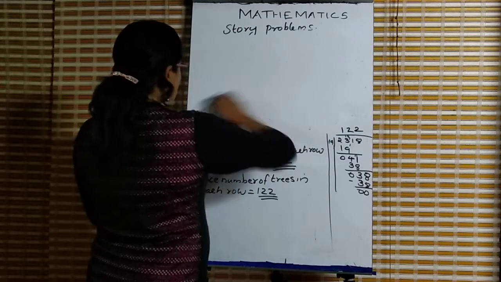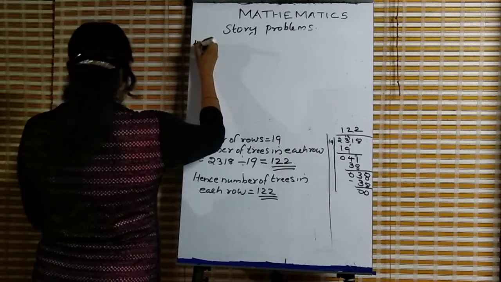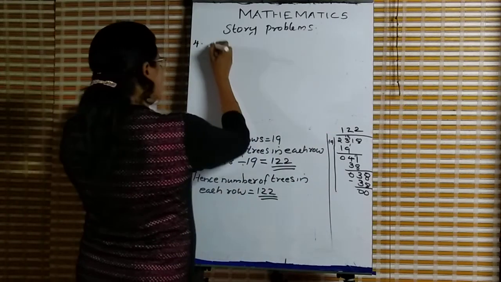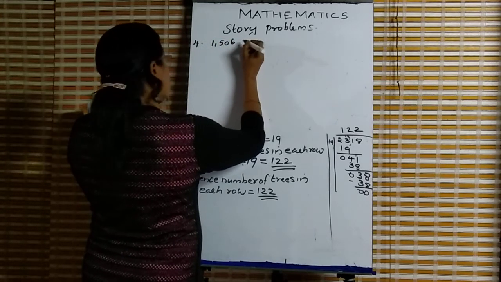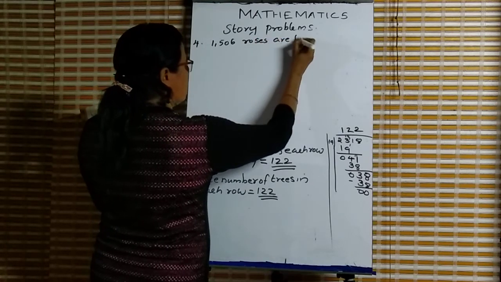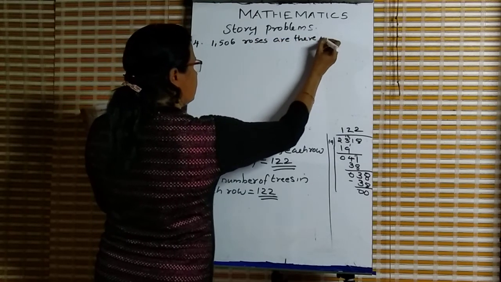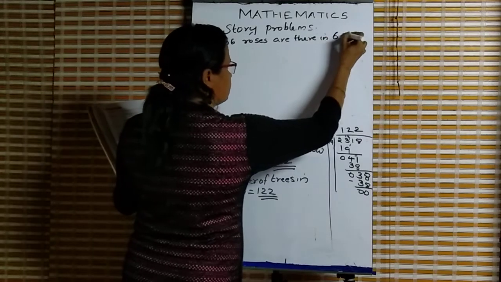Then question number 4. 1506 roses are there in 6 crates.